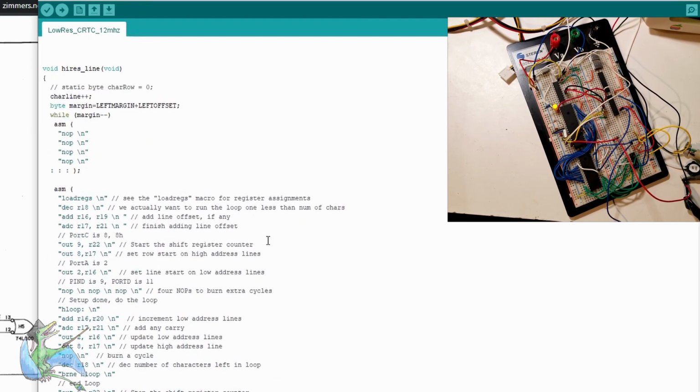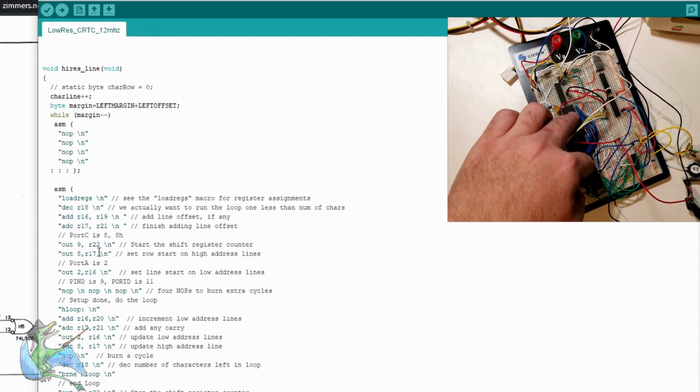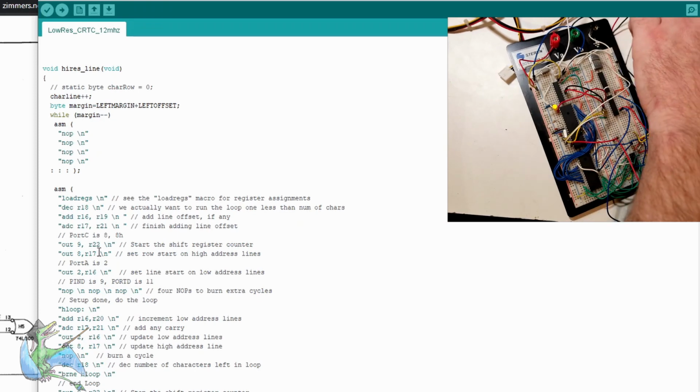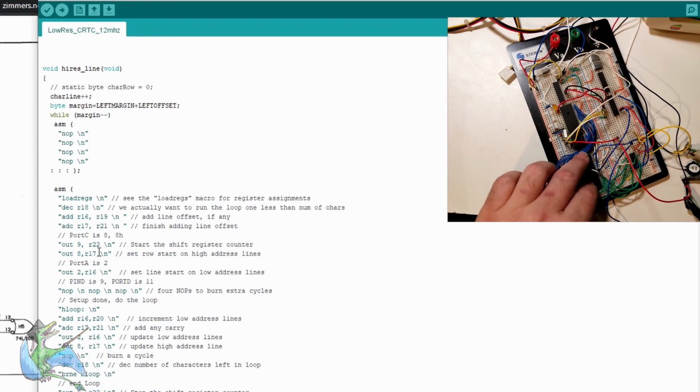For each line, we have to load some registers and stuff first, but basically the first thing we do is we just output the address of the character at the start of the line. From that point, the ROM chip will just automatically spit the correct value out on its data lines, which you see here go to a shift register. We're going directly to the shift register because we don't need a latch right now. There's no contention over memory right now, so we can just hold that value.